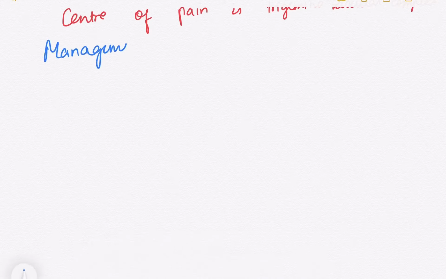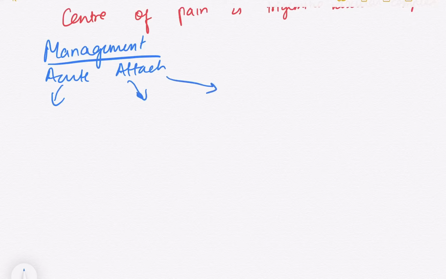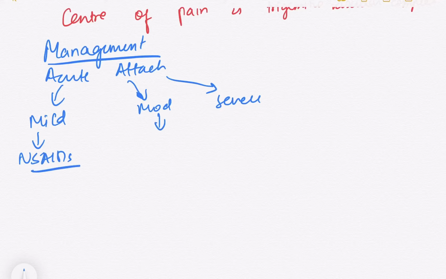Okay, so management of migraine in acute attack, we have three types: mild, moderate, severe. Okay, so mild attack will be managed by NSAIDs. Moderate and severe both, we will give triptans.